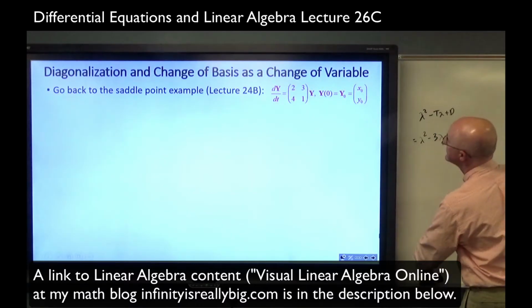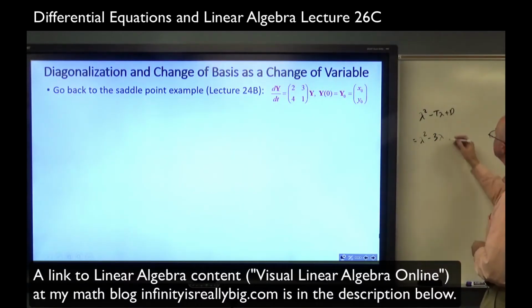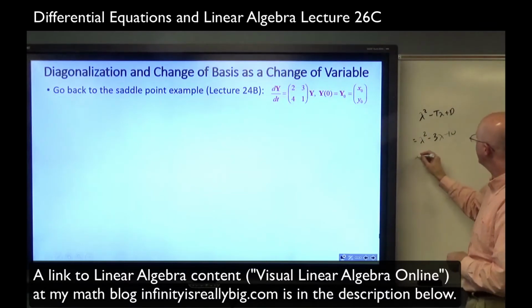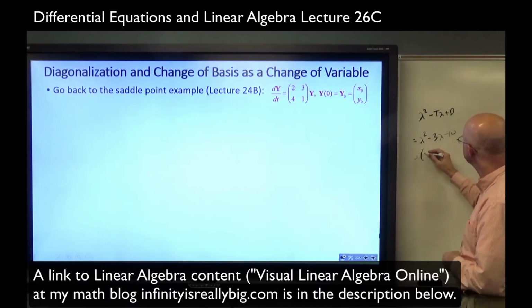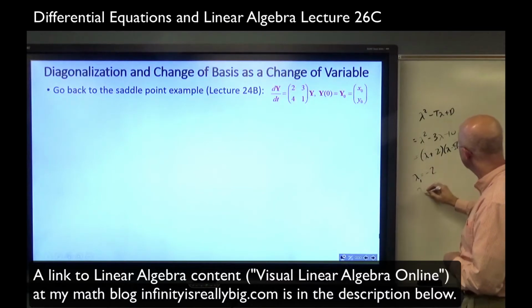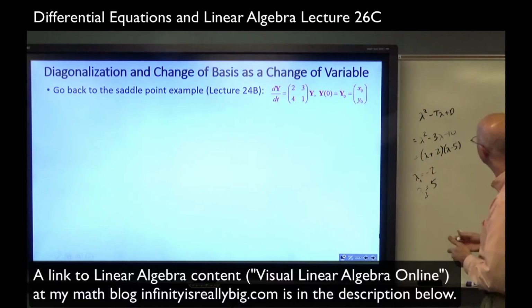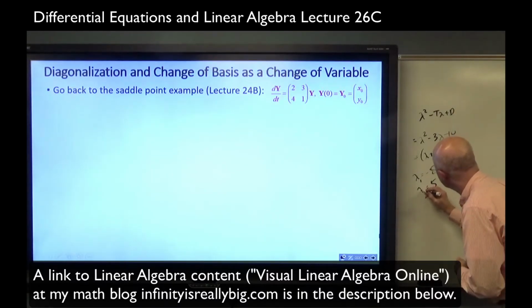The determinant is 2 minus 12, which is negative 10. And that quadratic can be factored as lambda plus 2 times lambda minus 5. The eigenvalues are negative 2 and positive 5. Double check things. Yes, that looks good.